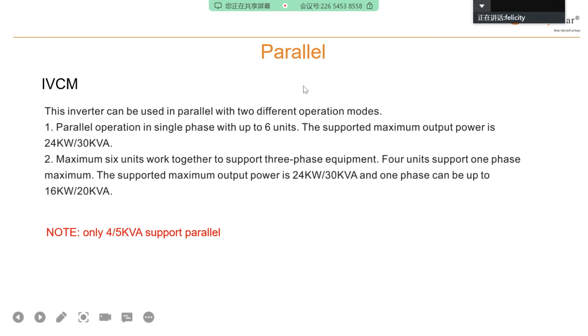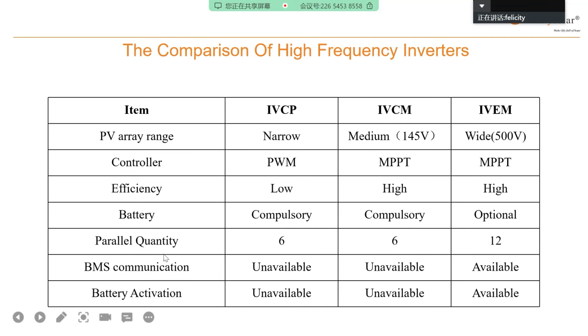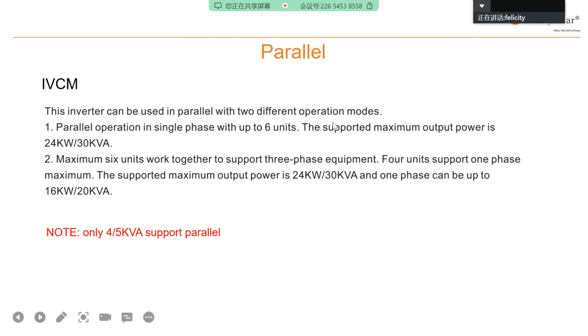The next part is let me introduce the parallel part. Parallel is used, for example in home usage, if you need a bigger system.